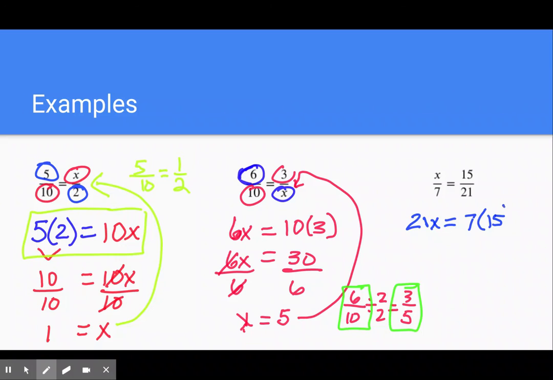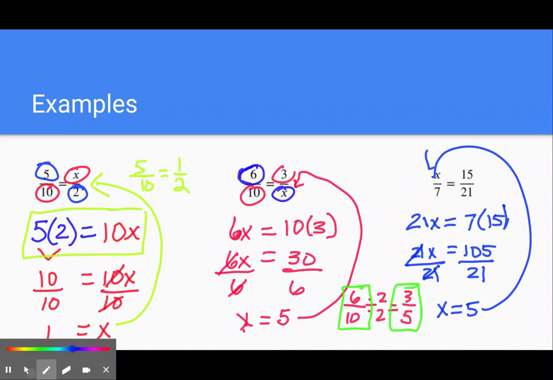So basically what I'm doing is just creating another equation. Very simple. 7 times 15 is going to give you 105. And 21x, so then I'm going to divide by 21 because I want x by itself. Divide by 21 on both sides. 105 divided by 21 is going to give you 5. X equals 5.